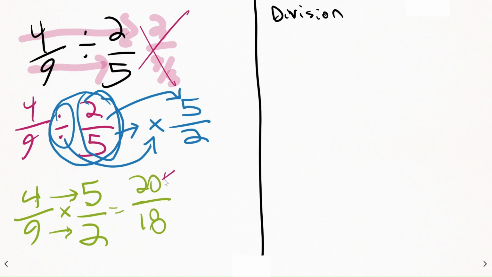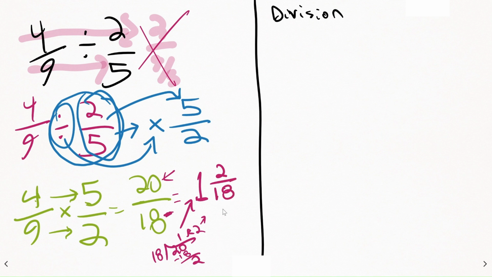Don't forget, this is a top-heavy fraction now because this 20 is bigger than 18. So 20 divided by 18, well, 18 goes into 20 one time, minus 18. There's 2 left over, so it's 1 remainder 2. So we're going to have 1 as the whole number, and then we're going to put this up top, 2, and then we're just going to keep this 18, 2 over 18.